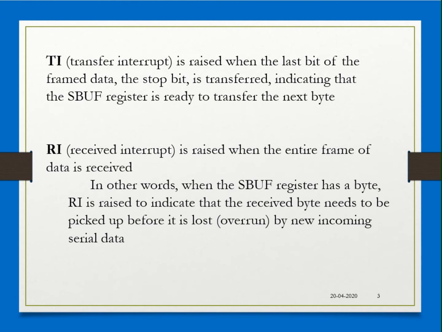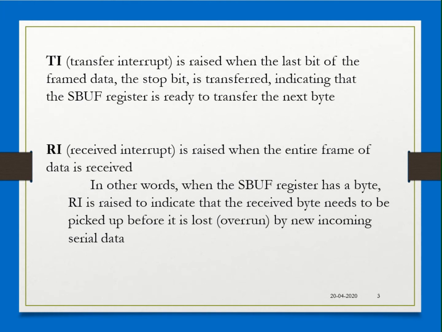Okay, so when the 1 byte of data is transmitted bitwise, then the transmit interrupt flag will get set. In the same way, the receive interrupt will get raised when the 8 bits of data is ready in the SBUF register. So if you recall, in the serial communication, I had explained the use of these flags.